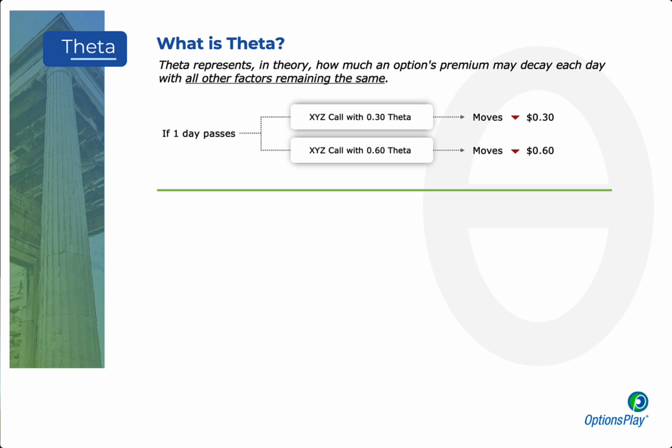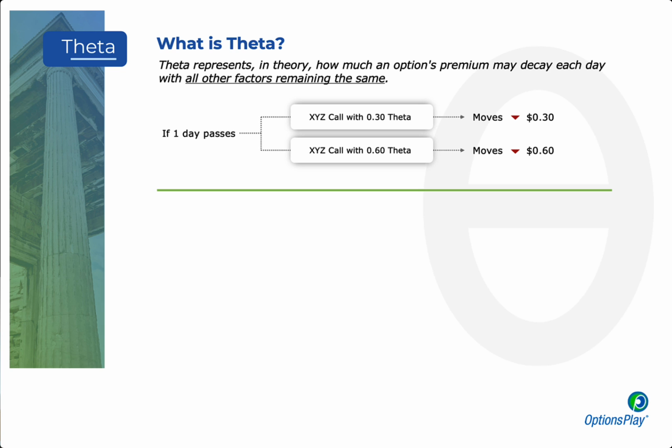So for example, if we have an XYZ call with a 0.3 theta and another XYZ call with a 0.6 theta, that means as one day passes, the 0.3 theta call is going to lose 30 cents per day, and the 0.6 theta call will lose 60 cents per day. This is why theta values are represented by dollar values and can be any number. Higher price securities are going to have higher theta values.